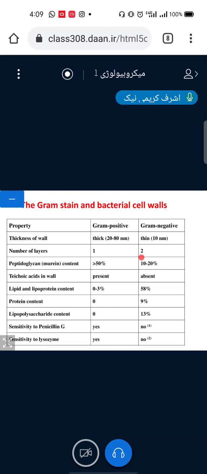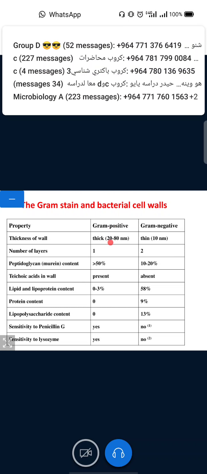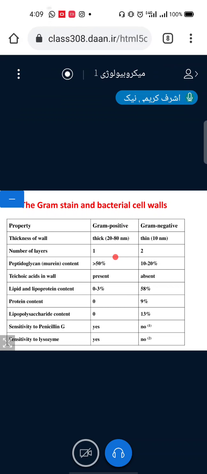In gram-negative, two layers: outer membrane, inner membrane, and the periplasmic layer. But in gram-positive, we don't have an outer membrane and periplasmic layer. We just have the cytoplasmic layer.